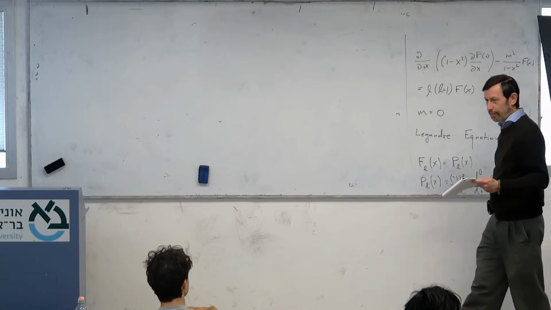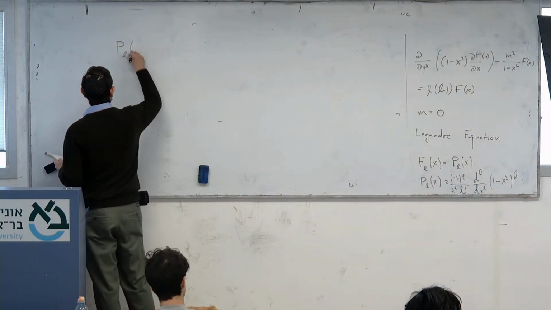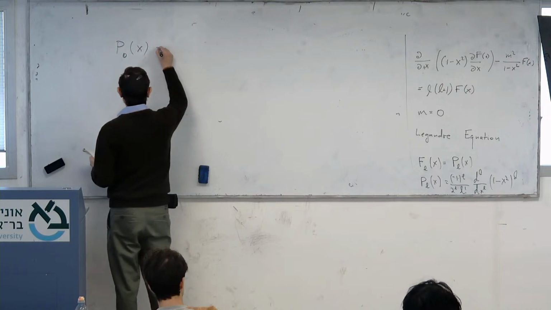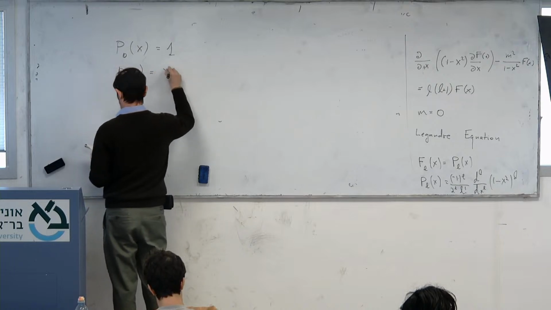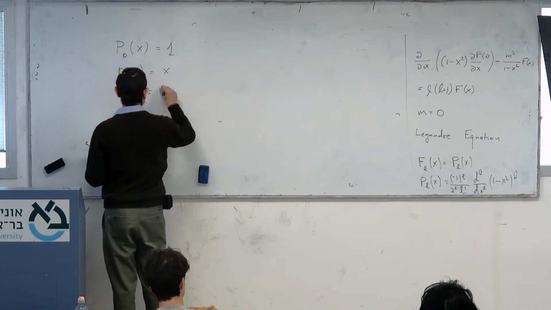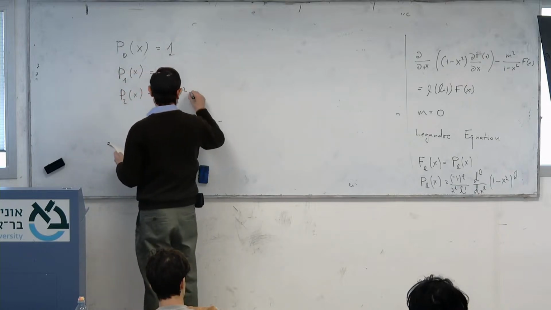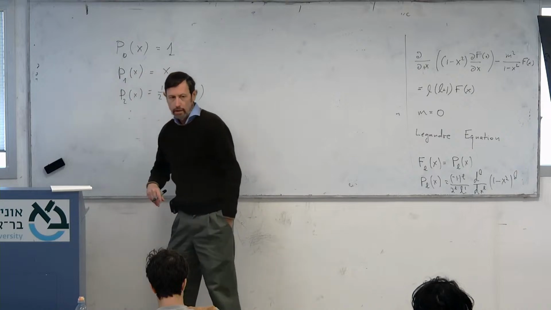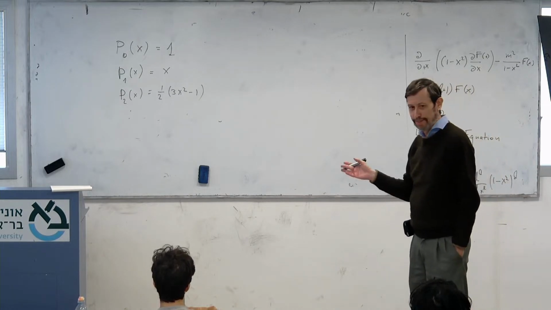And 0 factorial is also 1. And so on and so forth, and I'm sure that if you Google, you'll find some site that gives you up to 1,000 or 10,000 polynomials.